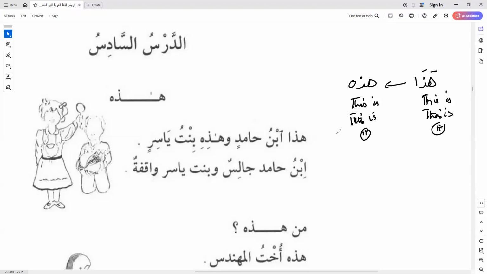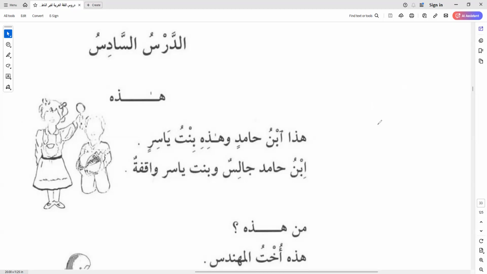Basically, hadha is for singular masculine objects, and then hadhihi is for singular feminine objects. So ibnu is a son, and then bintu is a daughter.